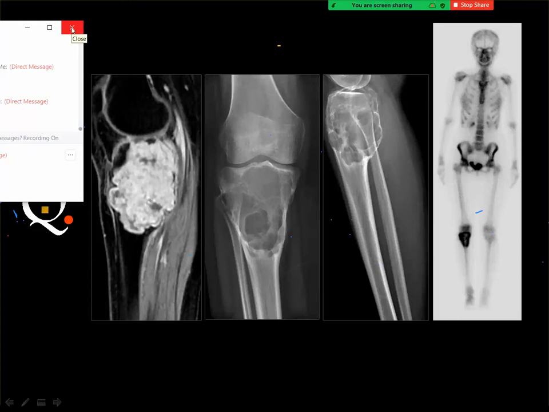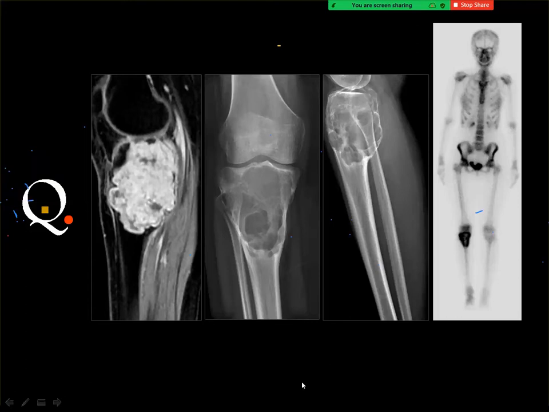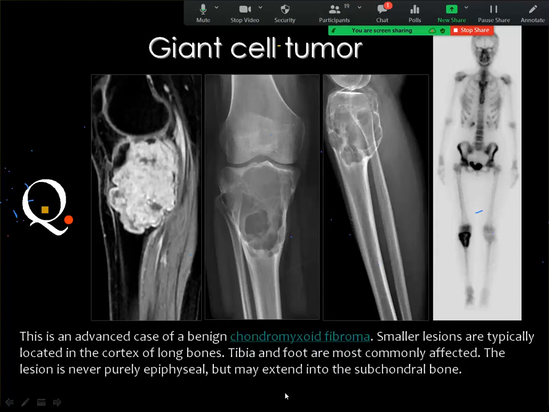I would like you to remember this possibility in the differential diagnosis, which is the chondromyxoid fibroma. You may not be able to differentiate between giant cell tumor and chondromyxoid fibroma, but because of the common incidence of giant cell tumor, we usually diagnose these lesions as giant cell tumor, and it came sometimes that the histopathology was a chondromyxoid fibroma.